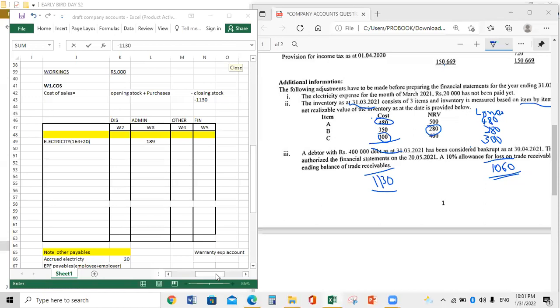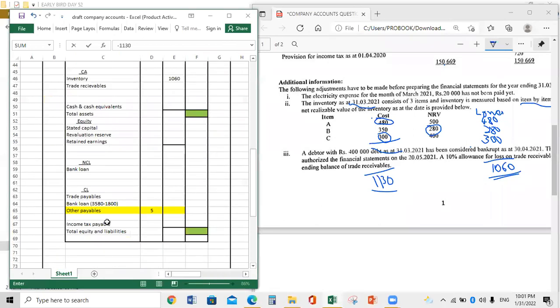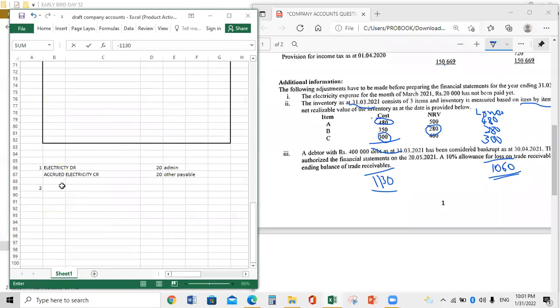So guys, if you want the double entry, I can write the double entry here quickly. Inventory should be debited. Under current asset, you have to debit your inventory by the lower value. The lower value was 1060. This goes to current asset.